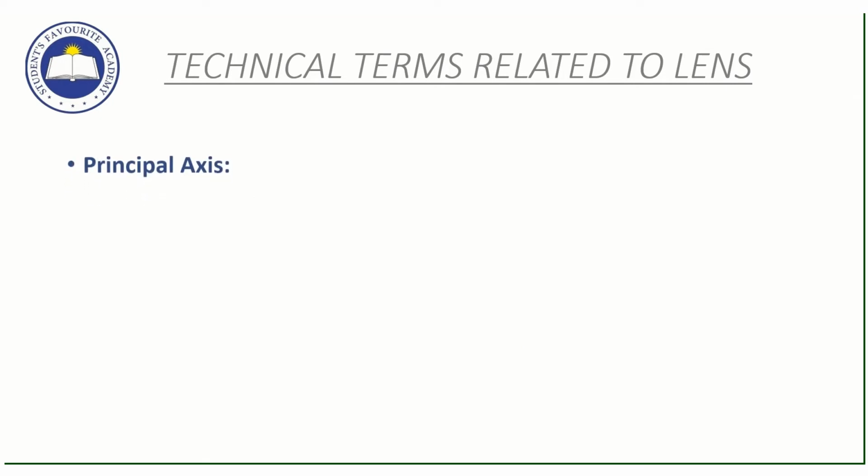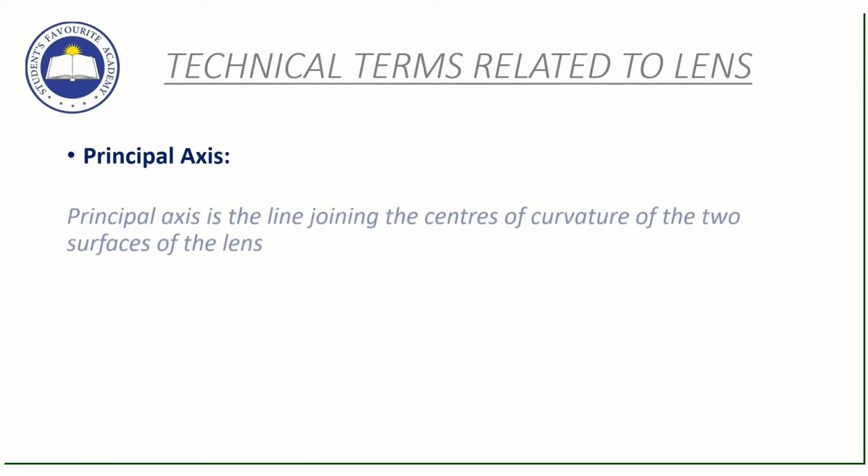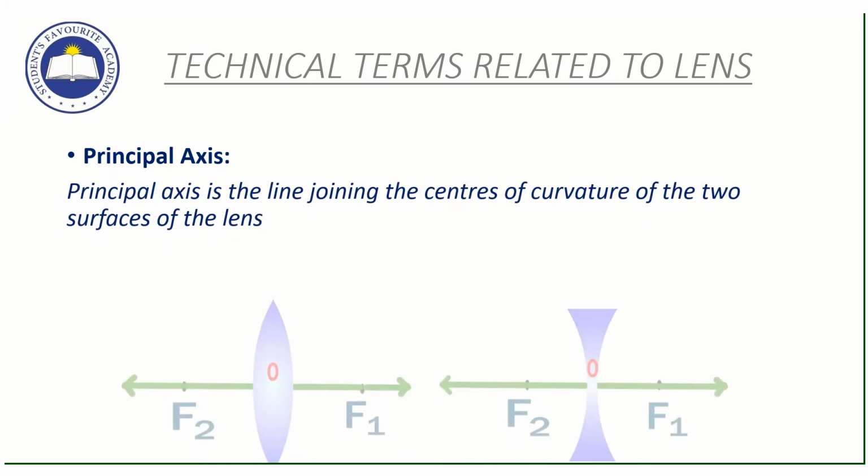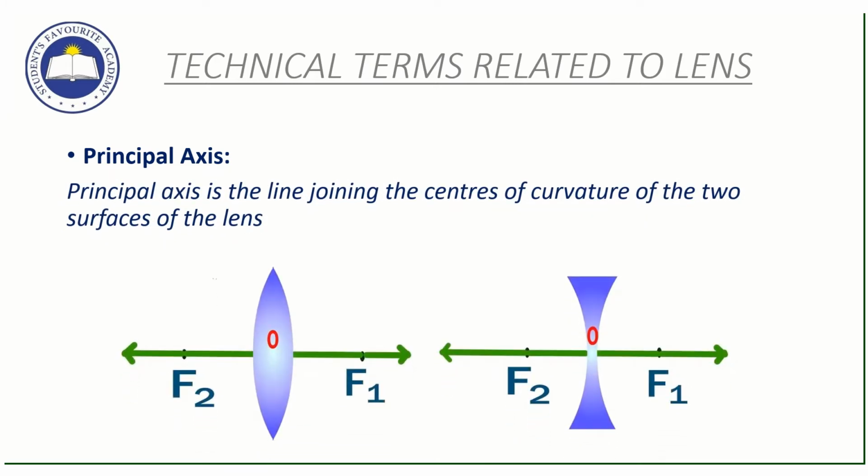Then principal axis. The principal axis, you already know, is a line joining the centers of curvature or the two focal points of the lens. So the principal axis is a line joining the centers of curvature of the two surfaces. Here they have shown the line joining the two focal points.